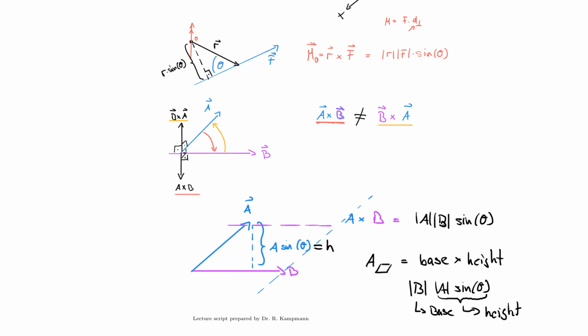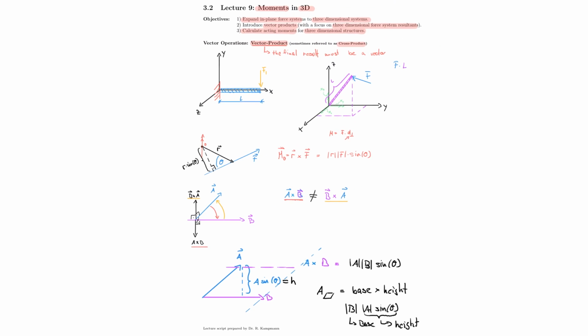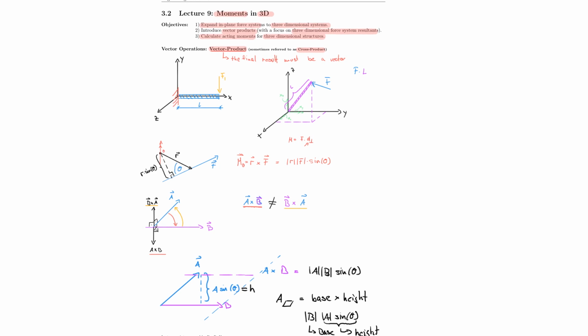So this is a very important concept to understand for engineers when they try to approximate an area. So I highly recommend that you understand this by heart, and you need to use that formula anyways. But I believe that this covers all the formulas that we need in a general sense, and that we now understand that A cross B is not equal to B cross A.